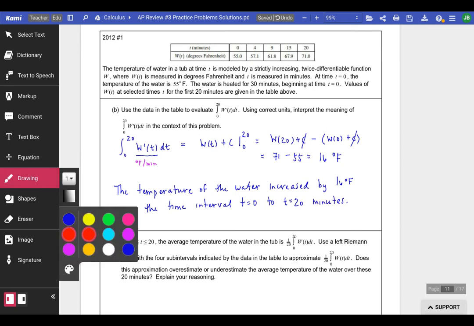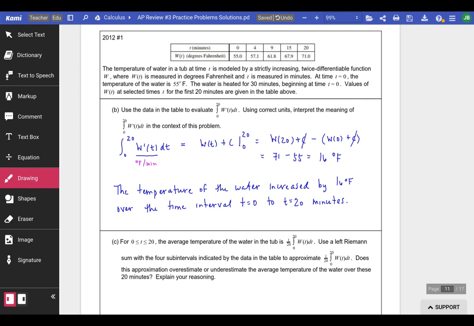And so what we have for points here was 1 for evaluating the integral, and then 1 for interpreting it.